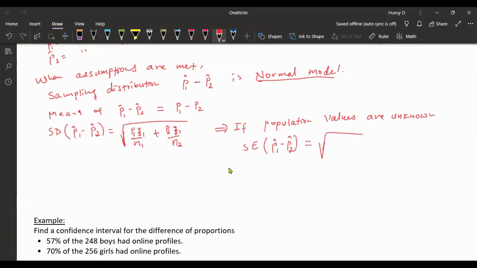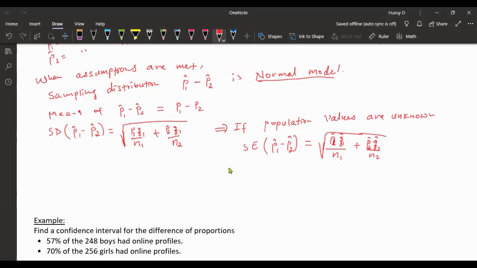And this is given by just the same formula. Now we replace the P's by P hat: square root of P1 hat Q1 hat over N1 plus P2 hat Q2 hat over N2. So this is the same stuff, just like what we did with one sample.